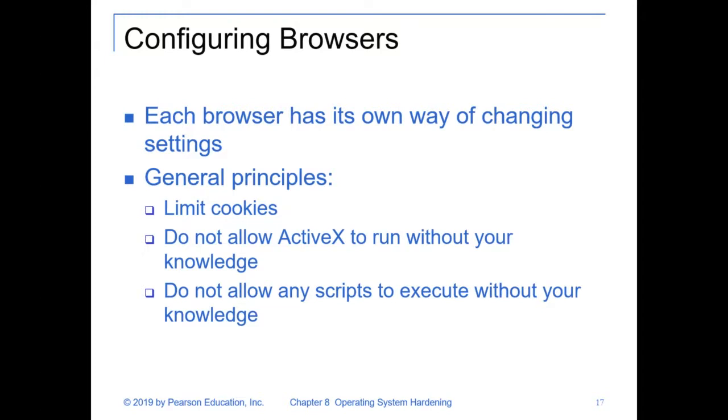So those are some general settings for configuring your browser. Keep in mind that each browser that you use will have different ways of changing settings. But in general, you want to limit cookies. Don't allow ActiveX to run without your knowledge. And also don't allow scripts to execute without your knowledge as well.